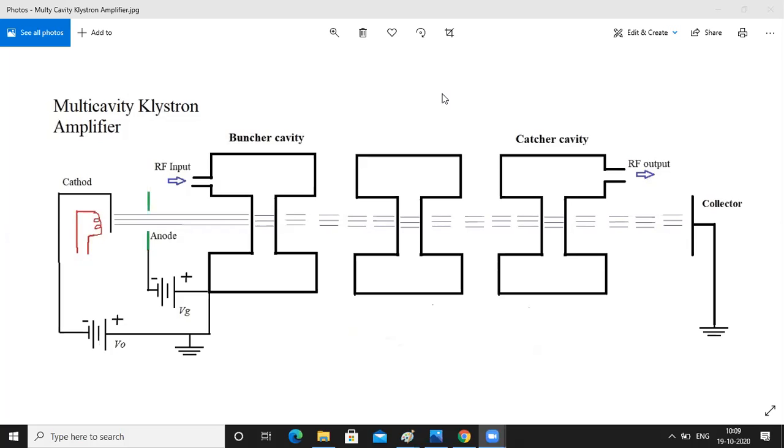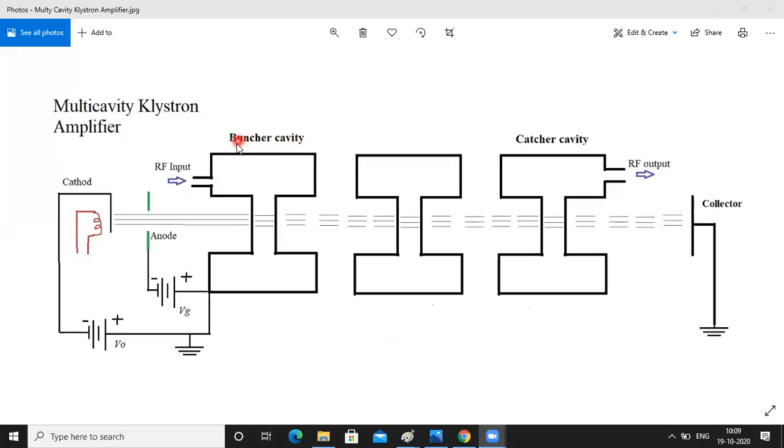These intermediate cavities may be one or multiple, and all of them in the multi-cavity klystron operate in the same manner as in the two-cavity klystron. I'll go into detail on how it works.